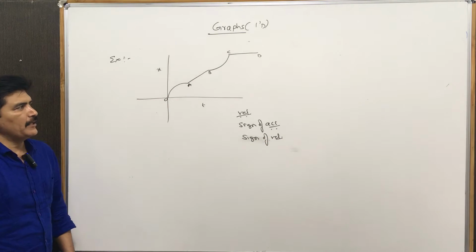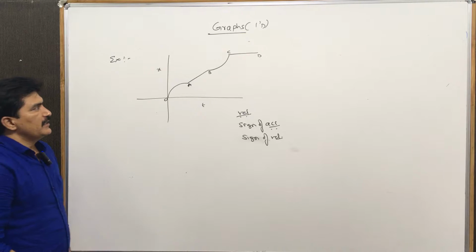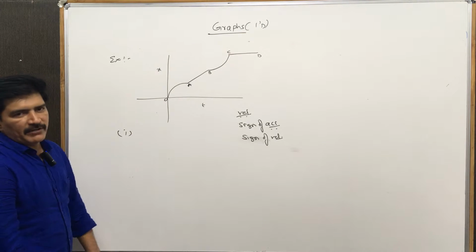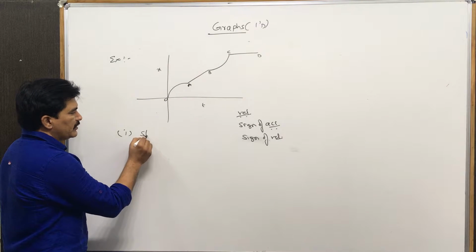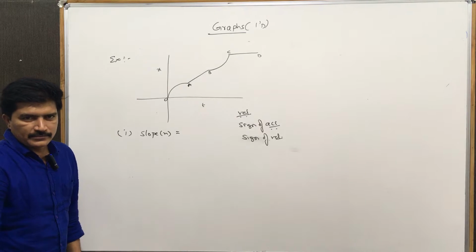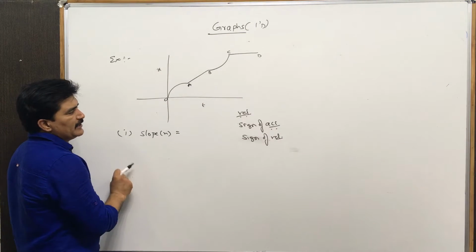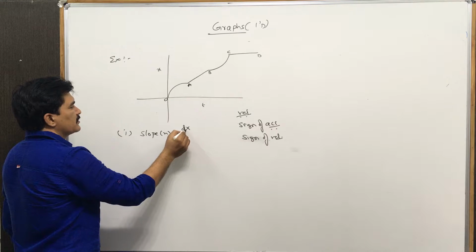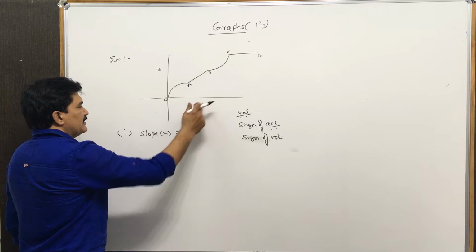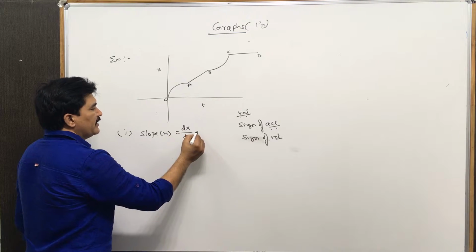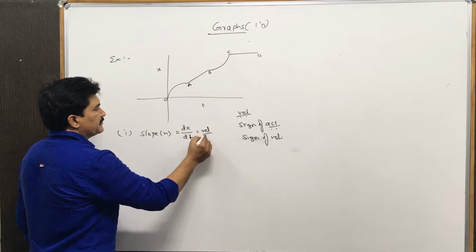For different parts, as a position versus time graph is given, first of all I have to think about which physical quantity the slope is going to represent. Here slope means change in y coordinate, but the y coordinate is represented by position x, so dx upon change in x coordinate, which means dt. But we know dx by dt is equal to velocity.